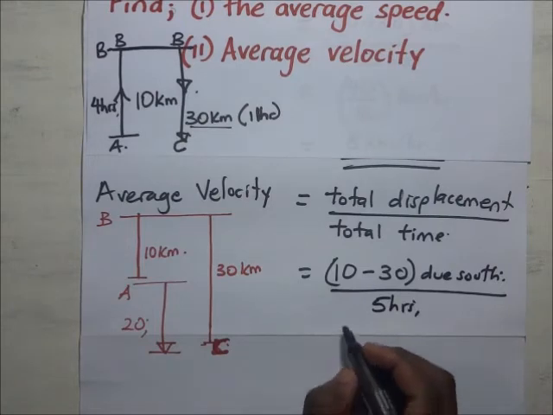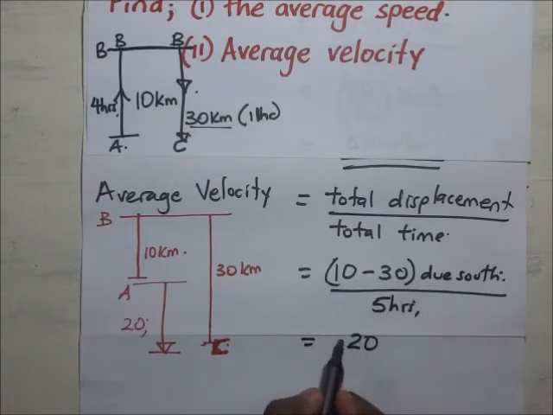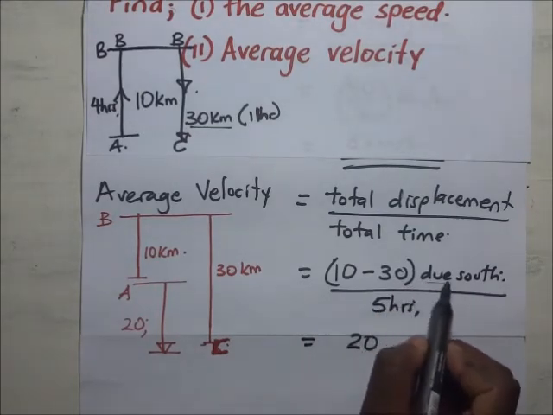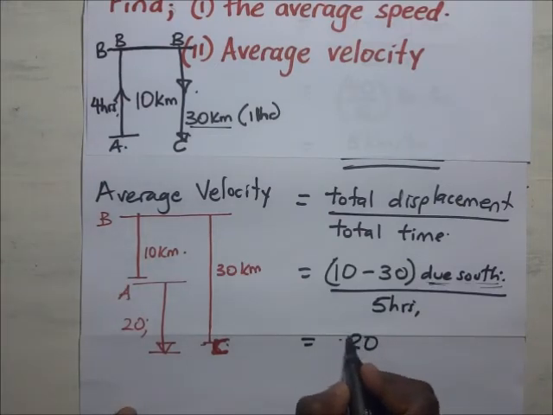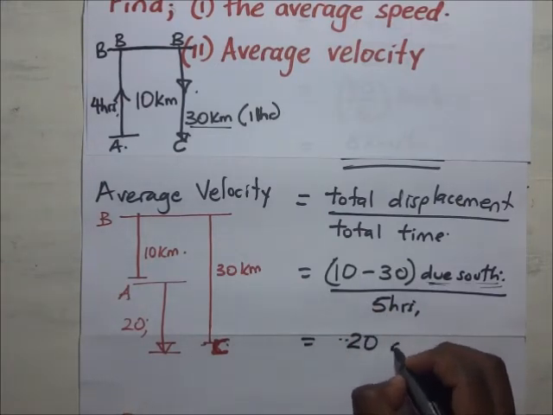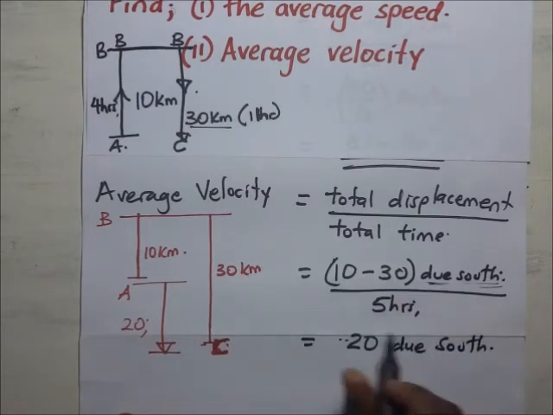Now of course 10 minus 30 here is negative 20. Now that negative is represented by the south because it is 20 kilometers southward. So the due south is what is represented by the negative there. Divide that by 5 hours.